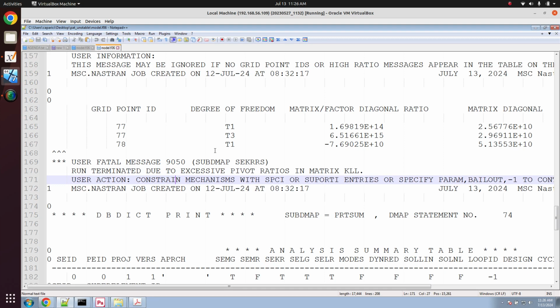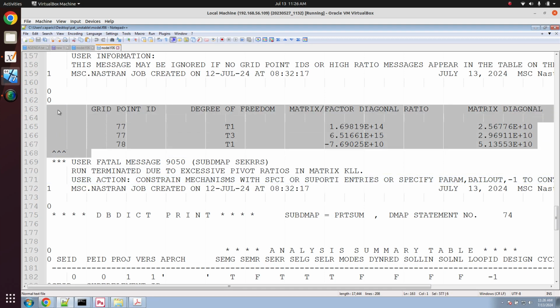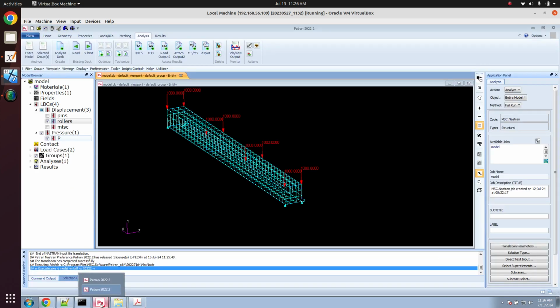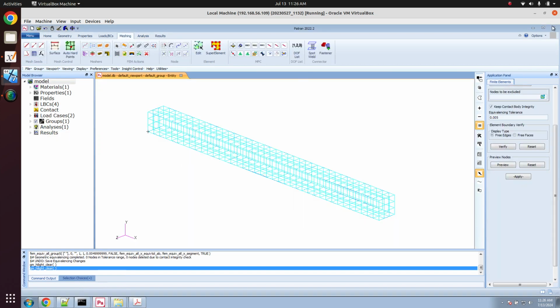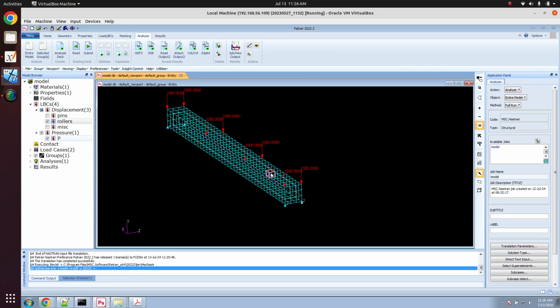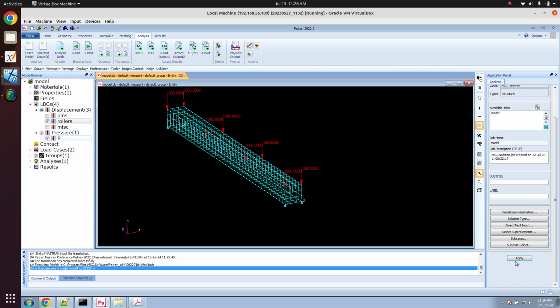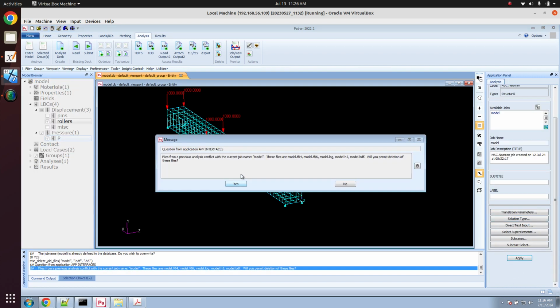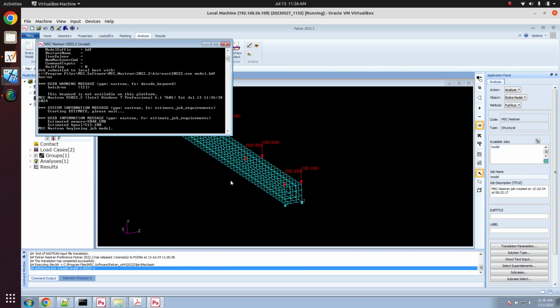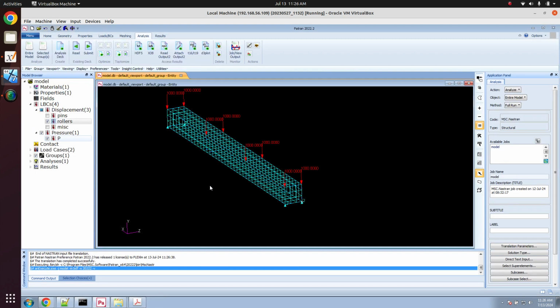Okay, so number 1. The easy way to do this is to do the following. So I'm going to close this old PARAM window. Perform a normal modes analysis to debug this issue. So here, if we go back and we perform the normal modes analysis and click apply, this is now going to perform a normal modes analysis instead of a linear statics analysis.